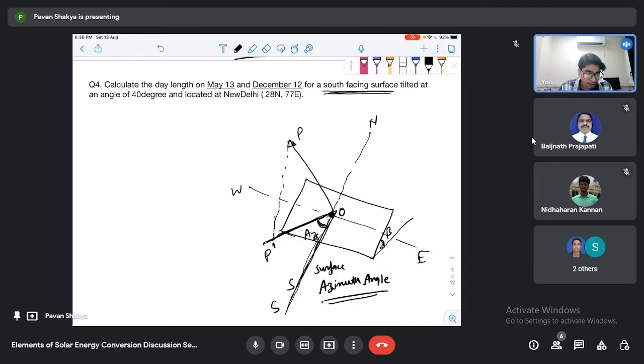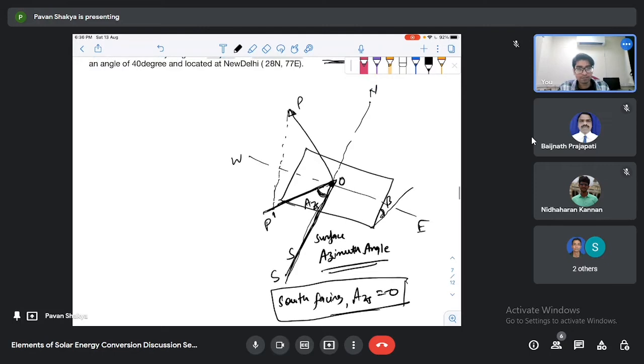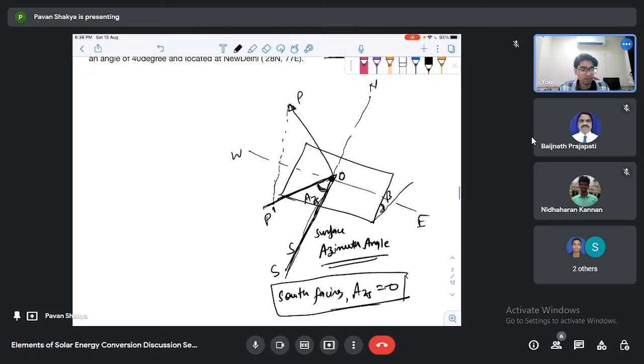Then this value AZS, for south facing, will be 0. That is what the question is trying to say. If anyone has any doubt in this, they can ask.